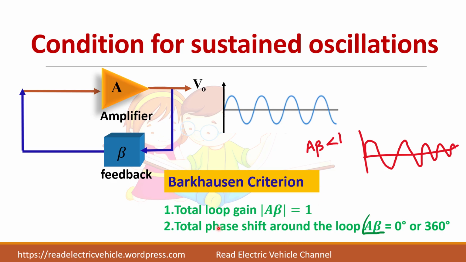The second condition is that the total phase shift around the loop, this angle A beta, should be equal to 0 or it can be 360 degrees. Only if these two conditions are satisfied, you will get the sustained oscillations at the output.